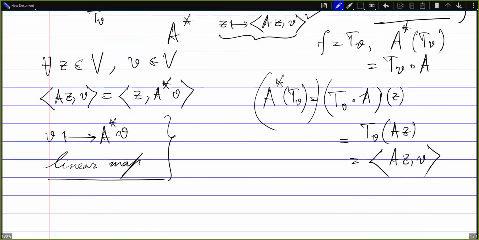In the first step towards that, we observe that V goes to A star V is a linear map. Let me check one step for you and leave the rest to you.